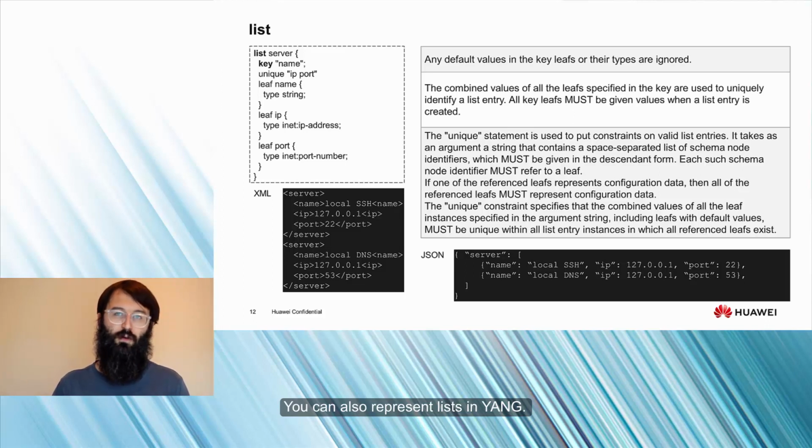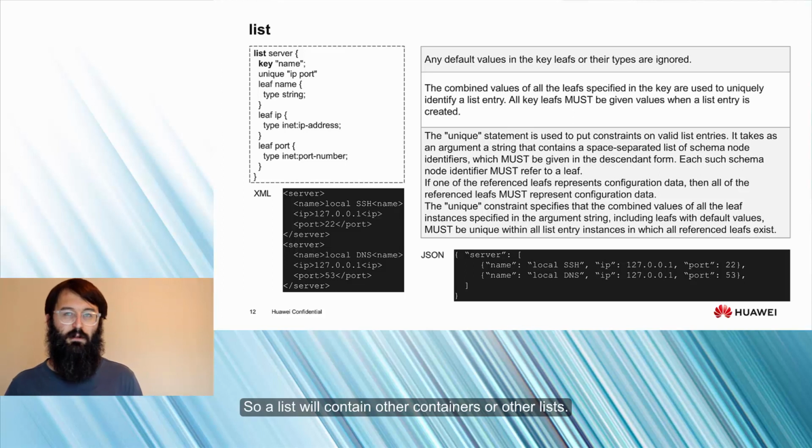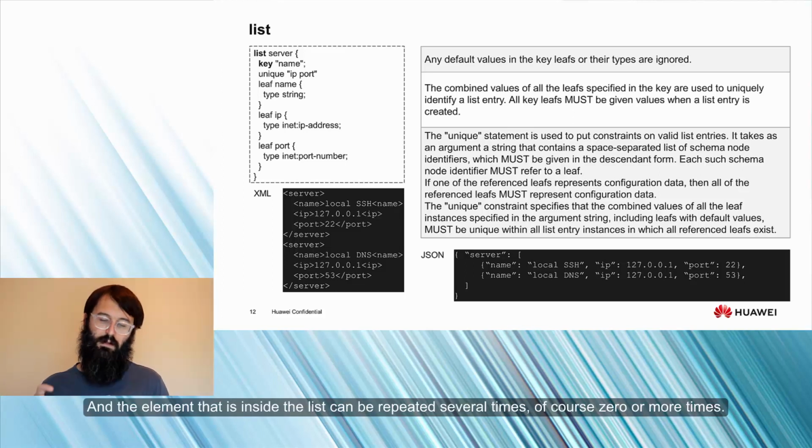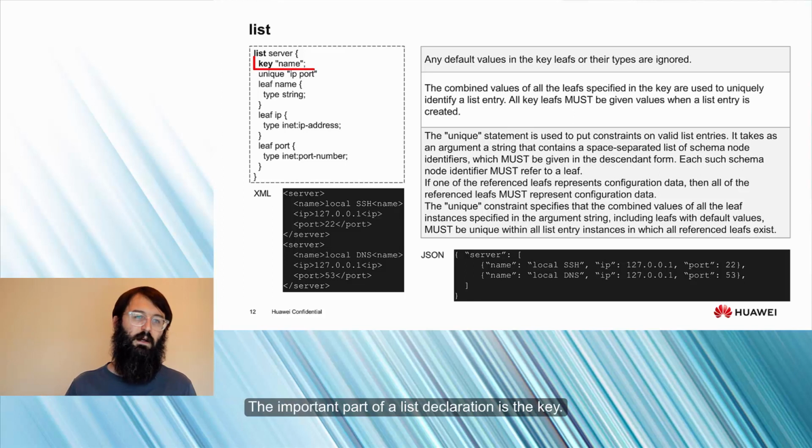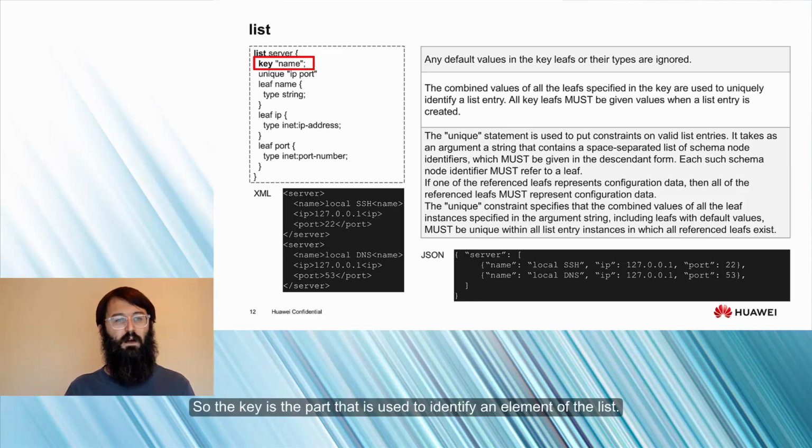You can also represent lists in YANG. A list is a set of containers basically. A list will contain other containers or other lists, and the element that is inside the list can be repeated several times, of course zero or more times. The important part of a list declaration is the key.